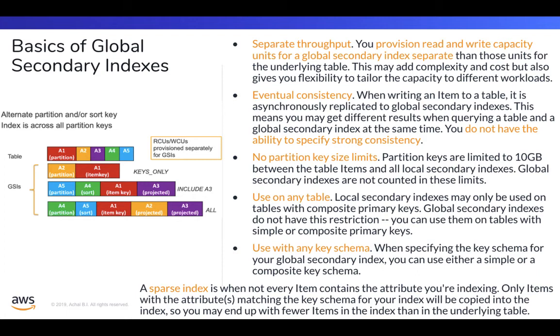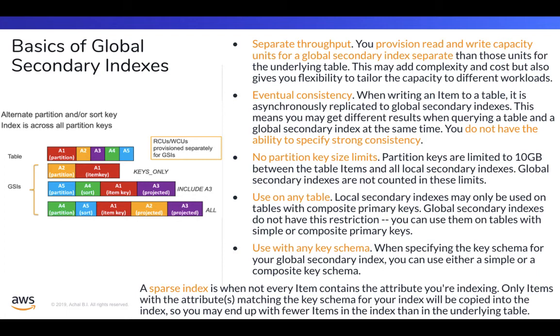When it comes to local secondary index, you have a 10 GB partition key size limit. So you don't have that limit when it comes to global secondary indexes. And you could use it on any table out there. So what it means is the table could have only a partition key, or it could be a partition key with a sort key.